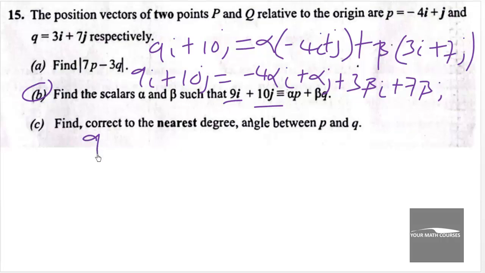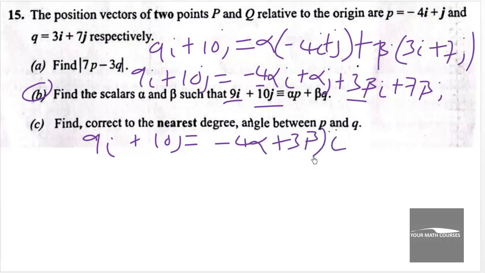So we have 9i plus 10j is equal to, grouping the i terms, negative 4 alpha plus 3 beta. Then again, grouping the j terms, we have alpha plus 7 beta j.